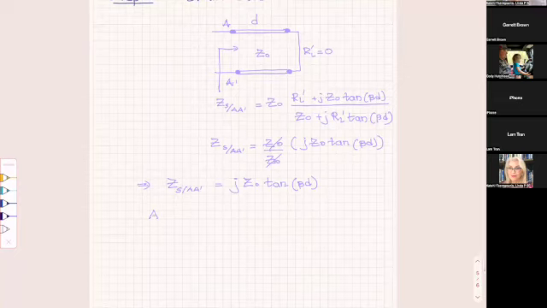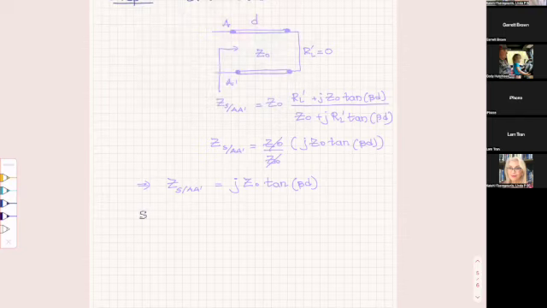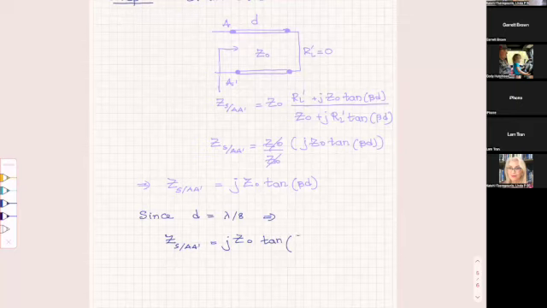Since we have D equals lambda over 8, then Z sub S at A prime is equal to j Z naught times tangent of 2 pi over lambda, times lambda over 8.